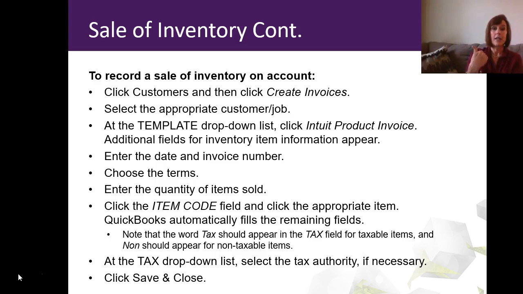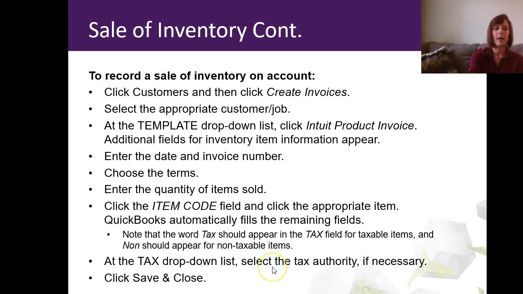So if we're going to record a sale of inventory, remember this is just on account. We'll worry about a cash sale in a minute. We're going to go into the Create Invoices, choose our customer. We're going to select the invoice template, which will involve a product invoice, so it has all of the fields necessary. And then date, and then we'll go into the items. And we should make sure that what we're selling, that tax and non-tax, that those are accurate.